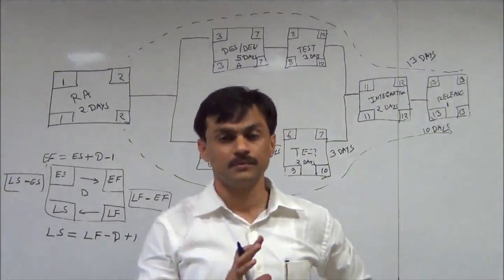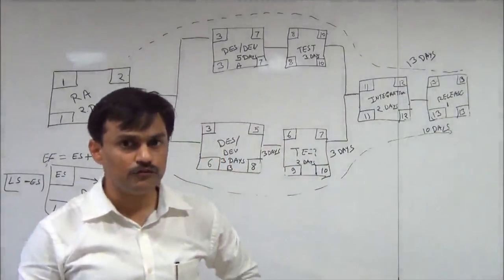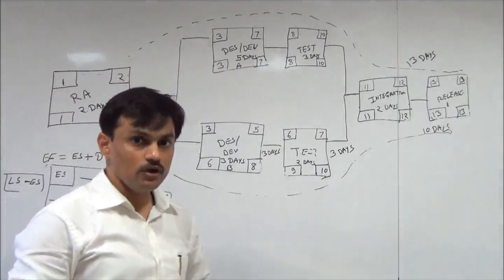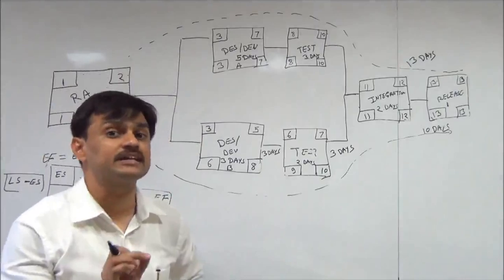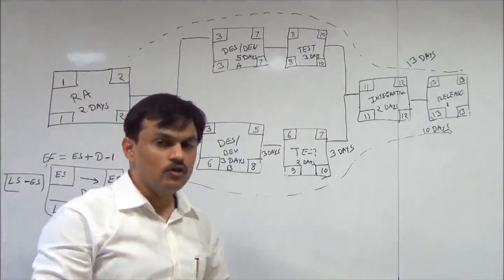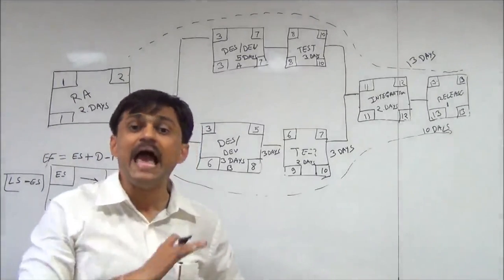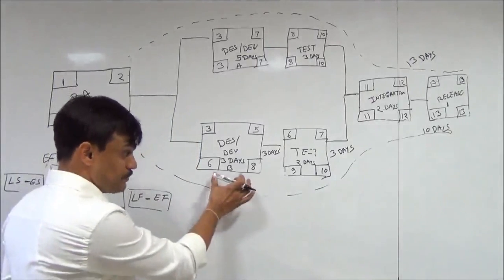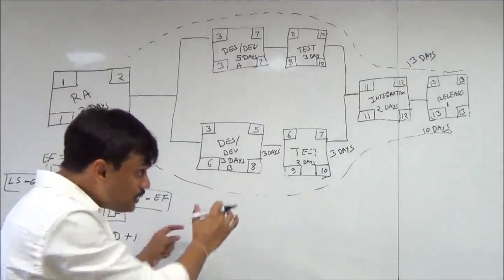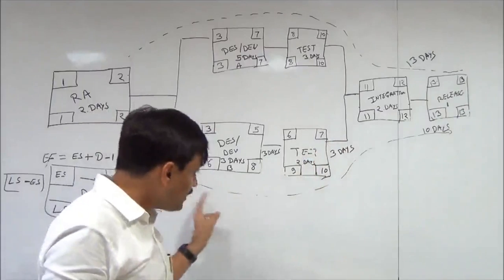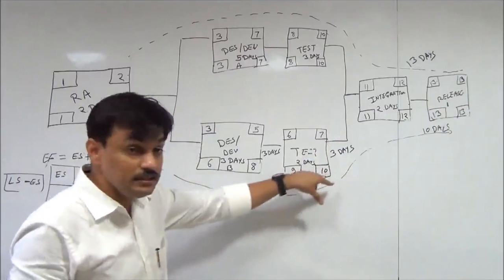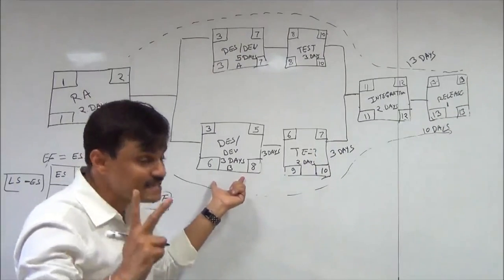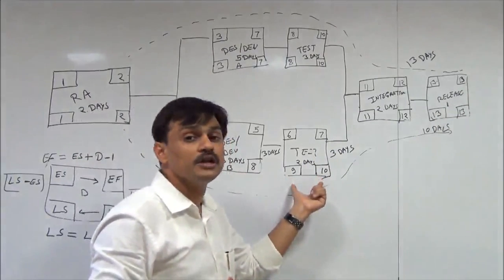Now there is another term, total float versus free float. Free float is a term which represents that a particular activity can be delayed without impacting any of the other activities. So for example, if I delay this activity by 2 days, I am not delaying the project, because anyway I have a 3 days slack in this particular path, but delaying this activity by 2 days will delay the testing of component 2.